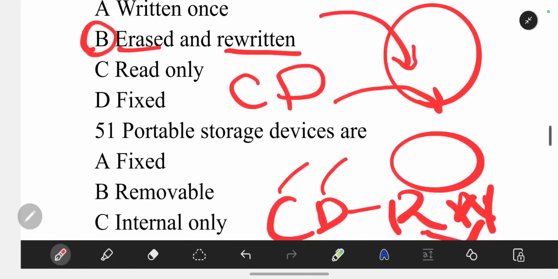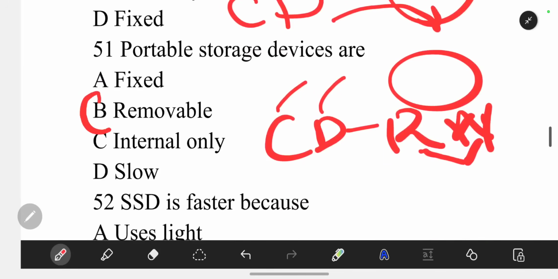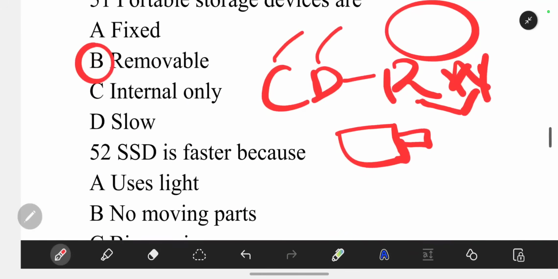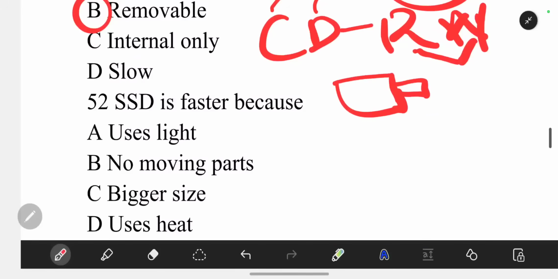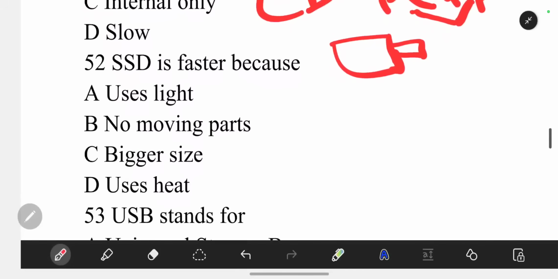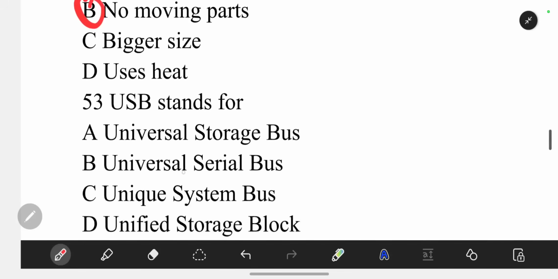Portable devices: for a device to be portable, it has to be removable. You can easily remove that device. Then 52, SSD is faster because it has no moving parts. USB means universal serial bus.